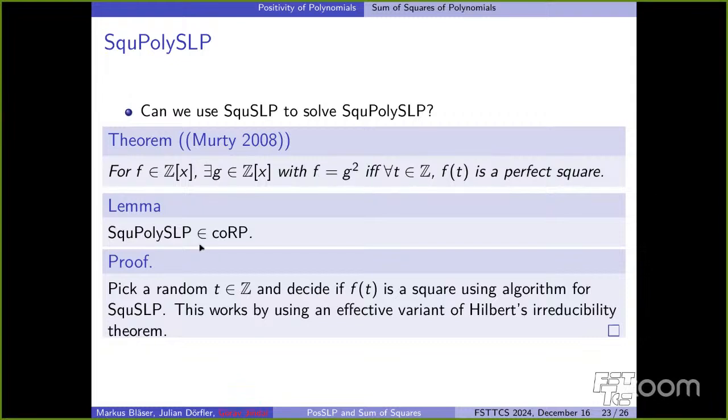We show in the paper that deciding whether f is a square of a polynomial is in co-RP, and the idea is that you pick some random number t, and then check whether f(t) is a square. We can check this by using the algorithm for checking whether a given integer is a square or not. We already showed that this is in co-RP, and one shows that this succeeds with constant probability, and for this one needs some effective variant of Hilbert's irreducibility theorem.